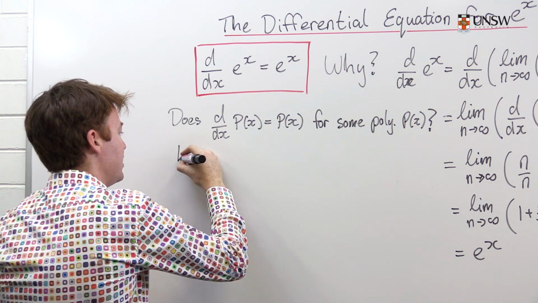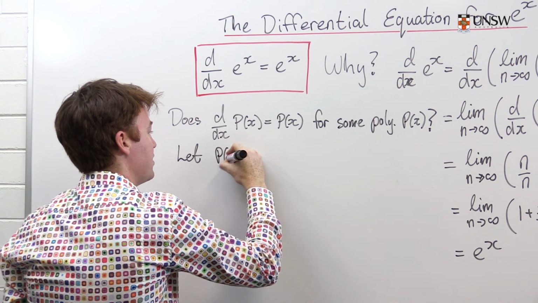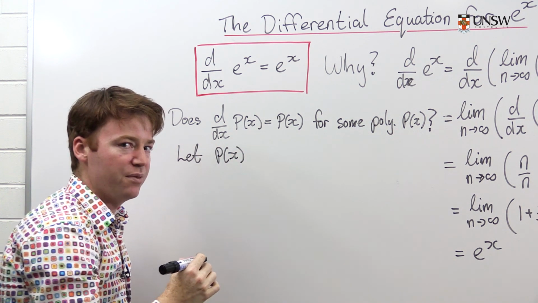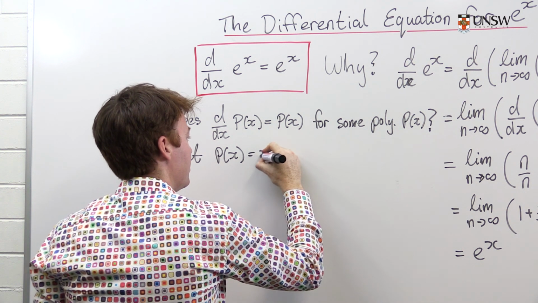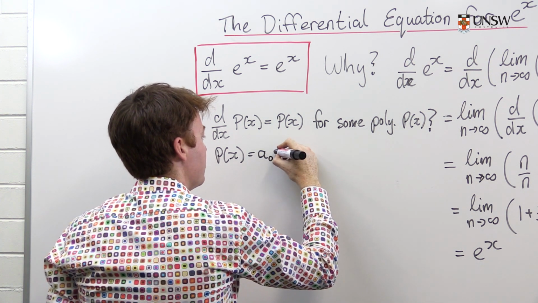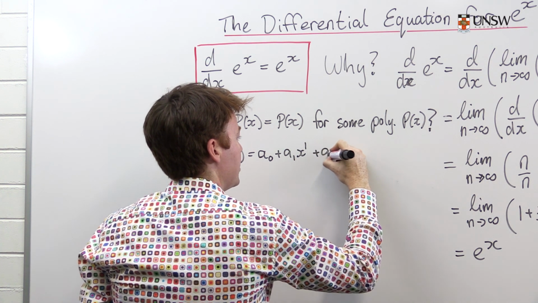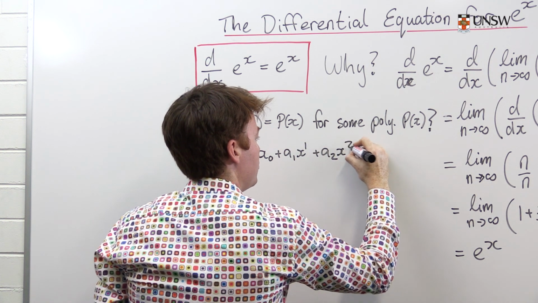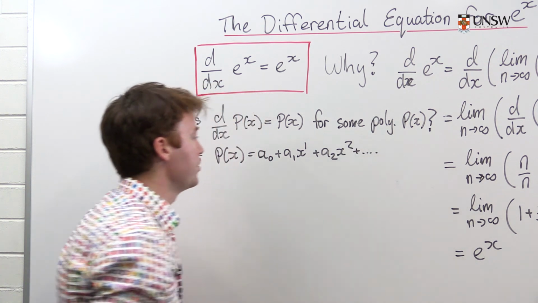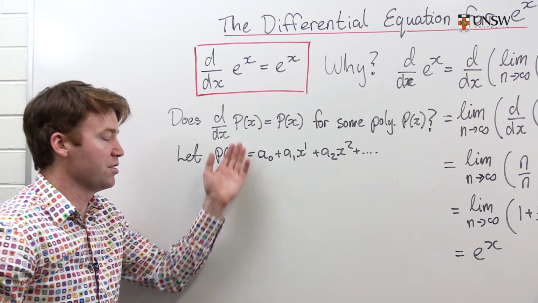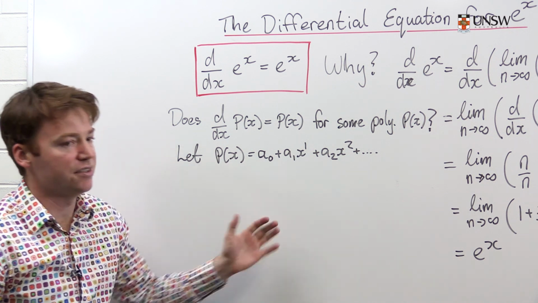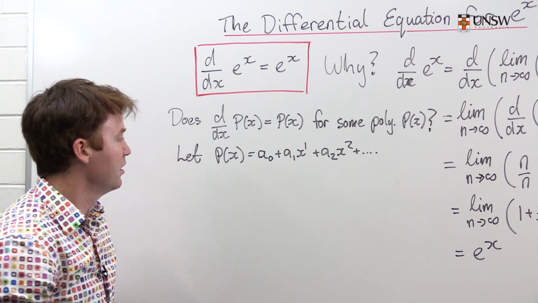We will begin by letting p of x equal an infinite polynomial, a0 plus a1 x to the 1 plus a2 x squared plus so on. So the a's represent: a0 is the coefficient of x to the 0, an is the coefficient of x to the n.